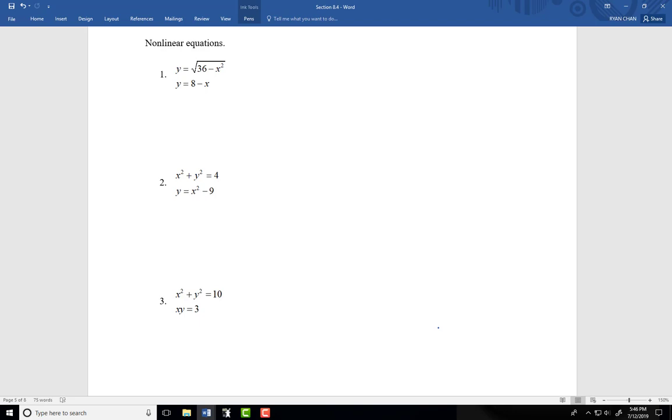If I had to do elimination for number 1, the only thing I can eliminate is y, because I could subtract. But I cannot do x because I have to either square both sides, and then I have x squared and x, and I can't cancel that. Okay, so for number 1, you see that I would use substitution, or I can do elimination by x. Okay.